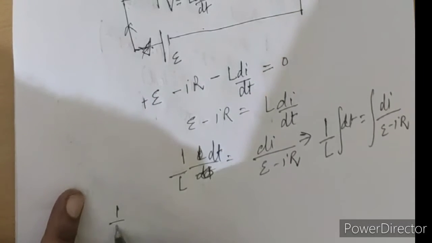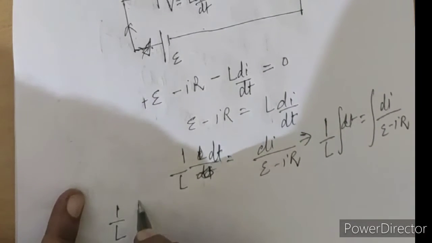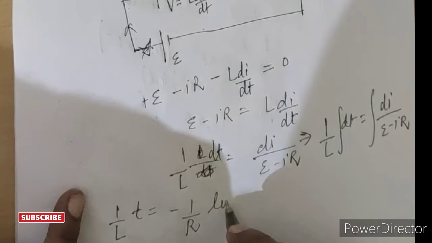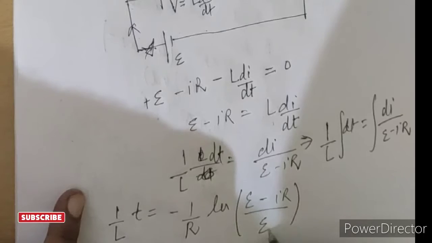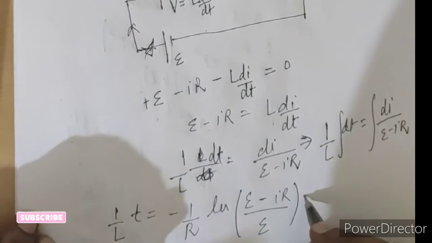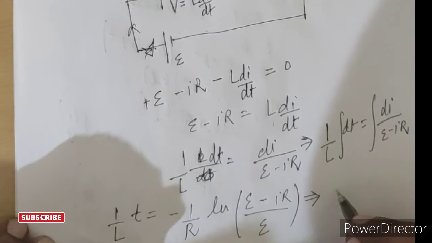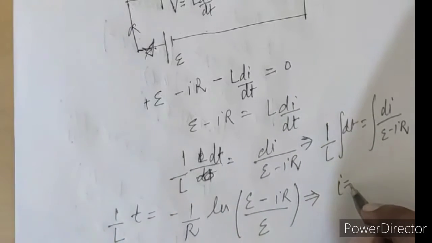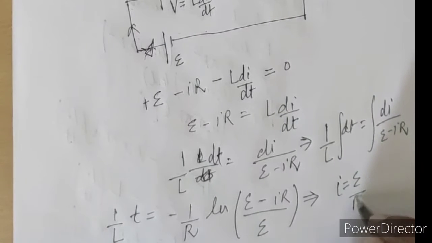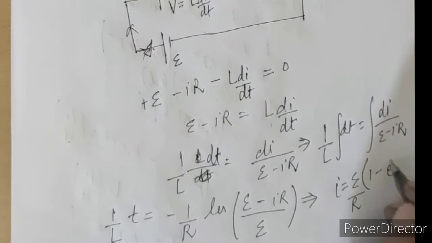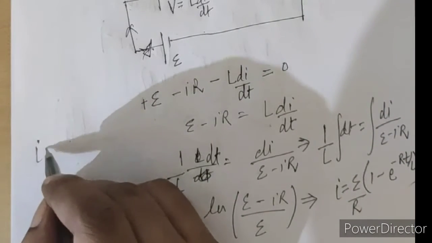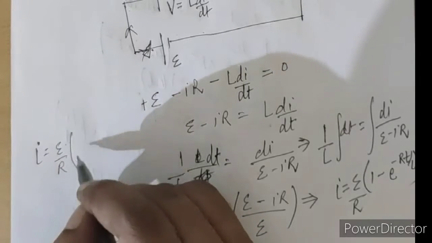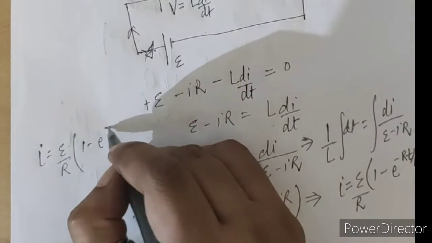So this will become 1 over L times t is equal to minus 1 over R ln of E minus IR over E. If you solve this equation, I is equal to E by R times 1 minus exponential of minus Rt by L.